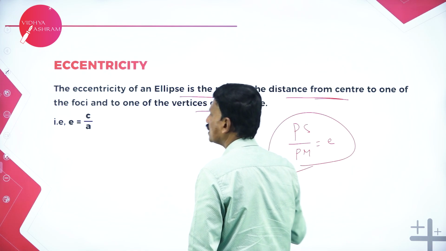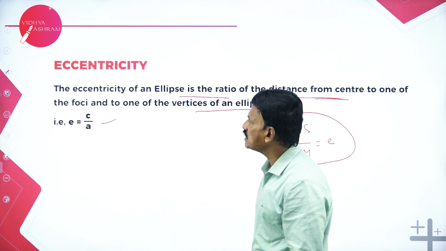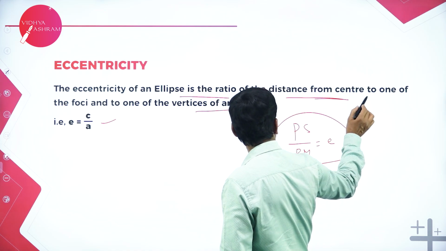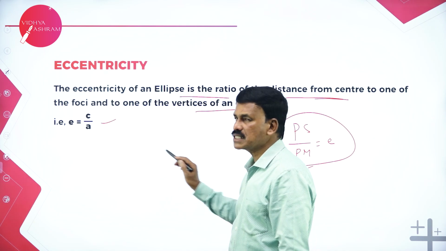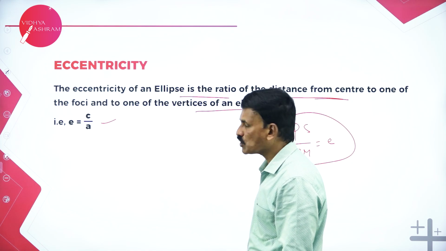Here also the eccentricity is denoted as C by A, that is the ratio of the distance from the center to one of the foci and to one of the vertices. E is equal to C by A of an ellipse.